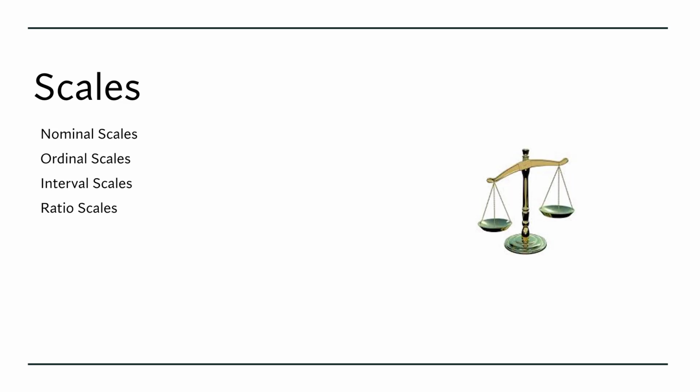Ratio data is the most sophisticated level of measurement. Like interval data, it has order, rank, and the numerical distance between the points is consistent. But what makes it the king of measurement is that the zero point reflects an absolute zero. In other words, a measurement of zero means that there is nothing of that variable. Here are some examples of ratio data. Weight, height, or length.